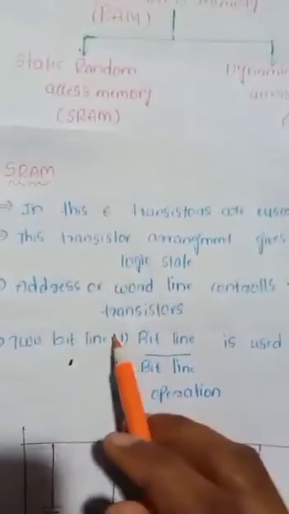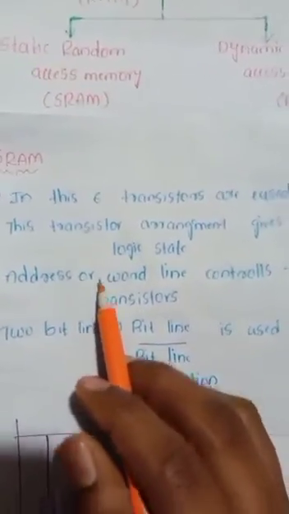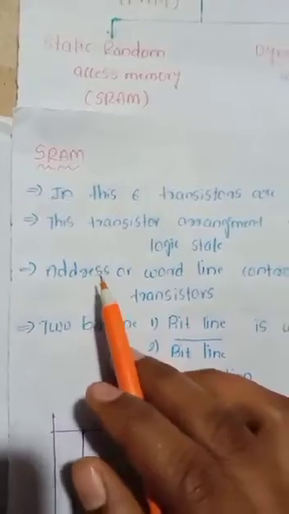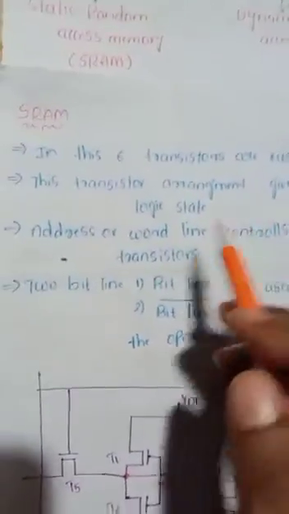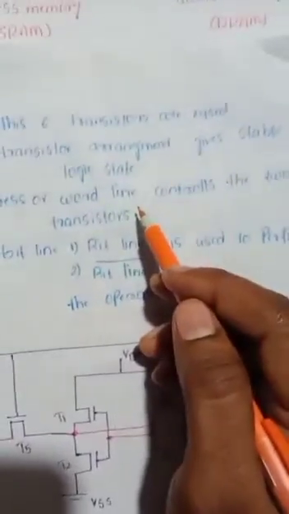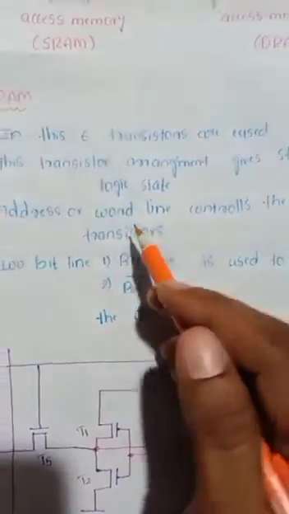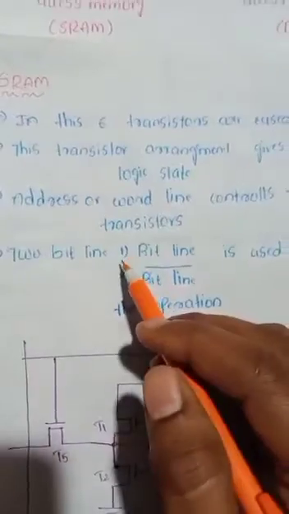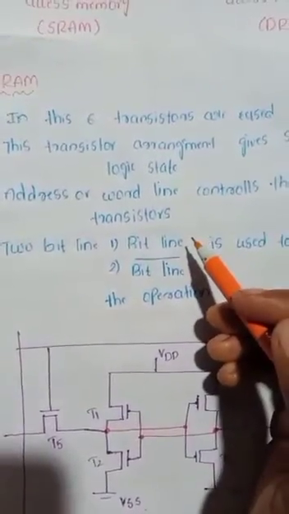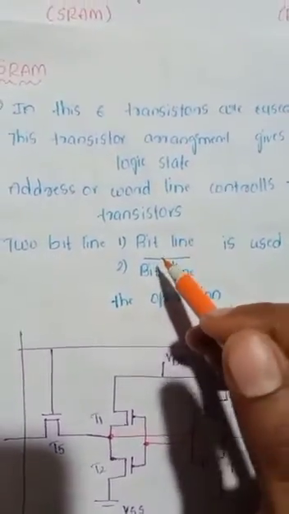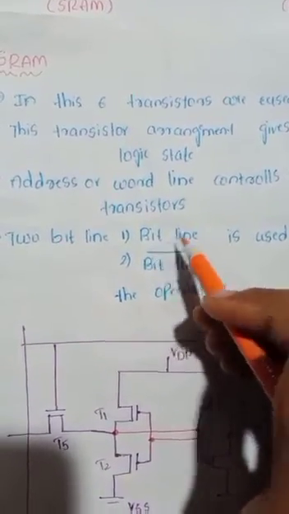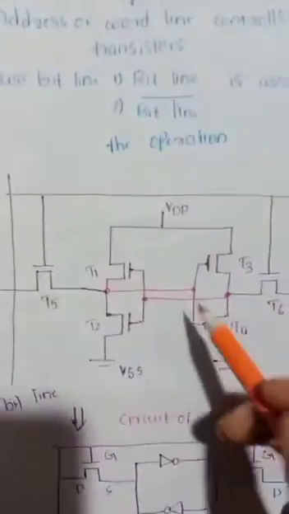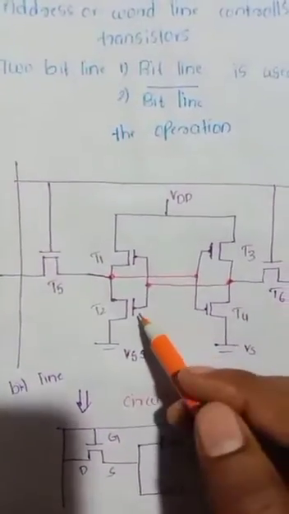The static random access memory consists of six transistors. The transistor arrangement gives a stable logic state. The address or word line controls the transistors. Two bit lines are used. They are bitline and bitline bar. The logic circuit of SRAM is shown here.